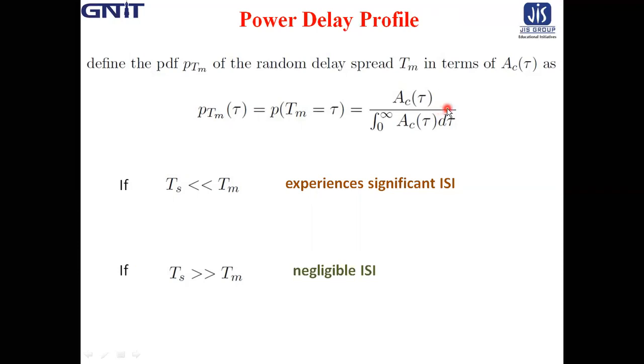Now suppose Ts is much less than Tm. What does it mean?